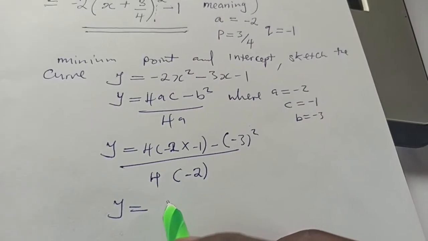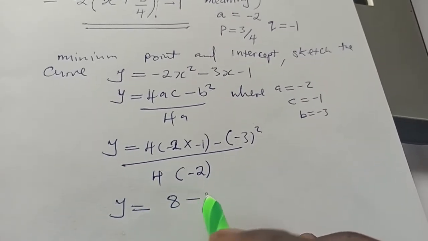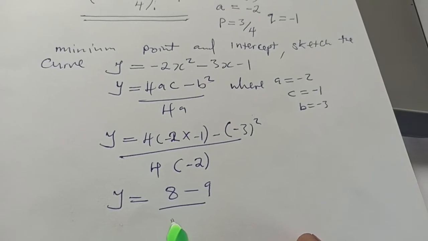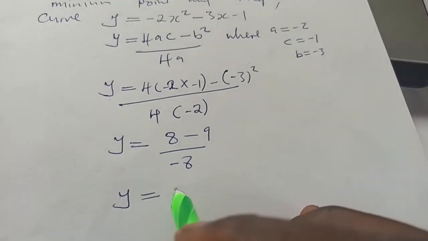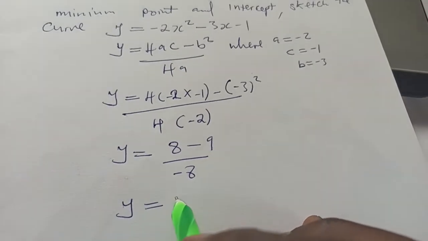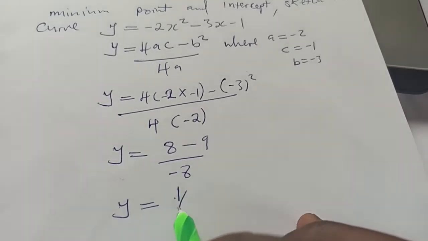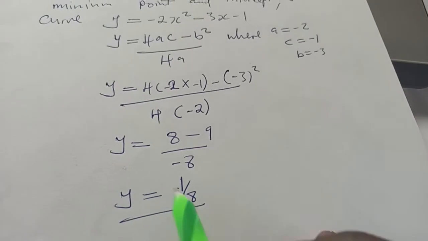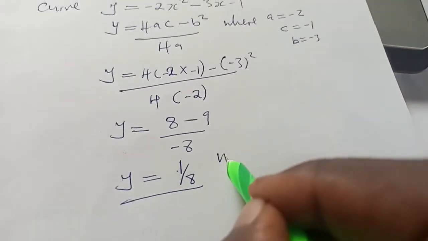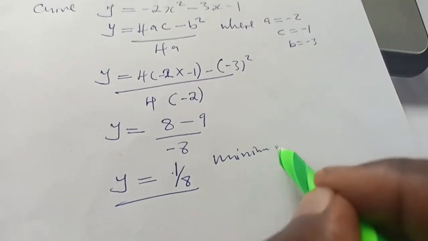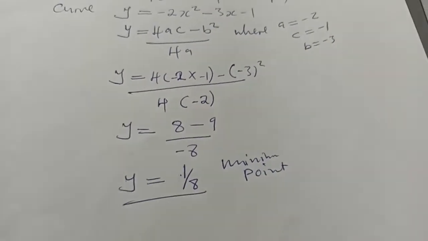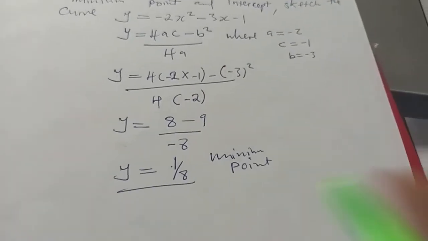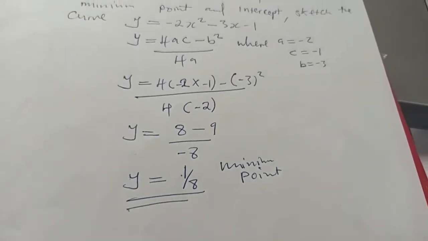This one becomes 8 minus 9 over -8. The answer is y is equal to 1 over 8. So this is the minimum point.